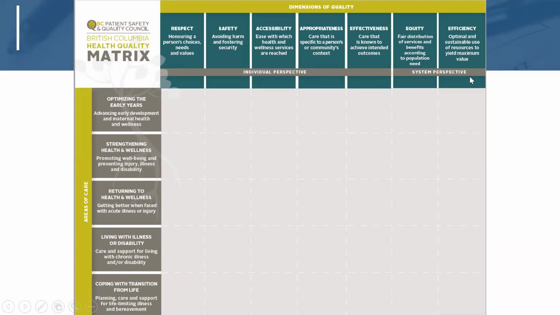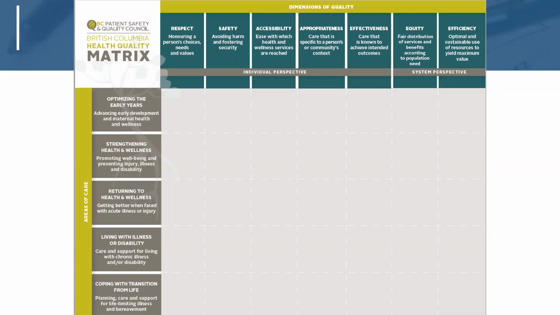With respect to the individual perspective, we look at respect, making sure that we're honoring patients' wishes, choices and values; that we're being safe and that they're not experiencing harm and they're secure; that the system that we have is accessible to all people; that it's appropriate for their needs or the community context; and that things are effective, that the outcomes we're intending are what actually happen.